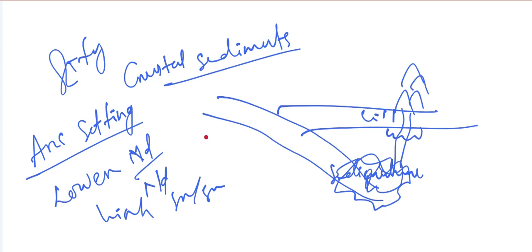Crust is enriched in rubidium strontium, mantle is enriched in neodymium. For S type granitoids the main source is the sedimentary rocks, so that's why the strontium ratio will be higher. And S type granitoids are also known as ilmenite bearing granites.